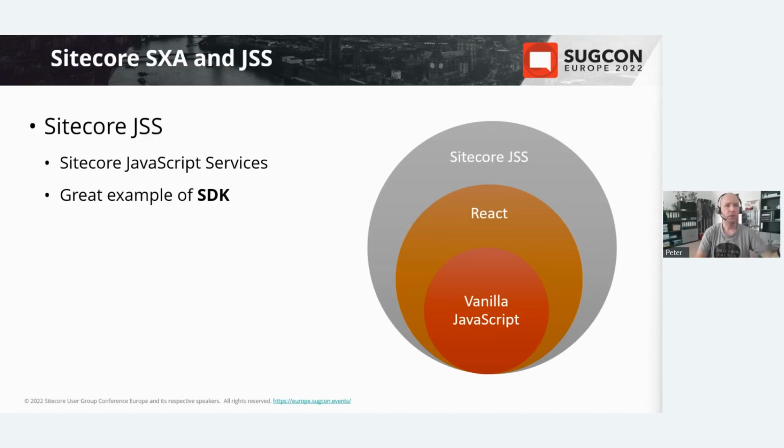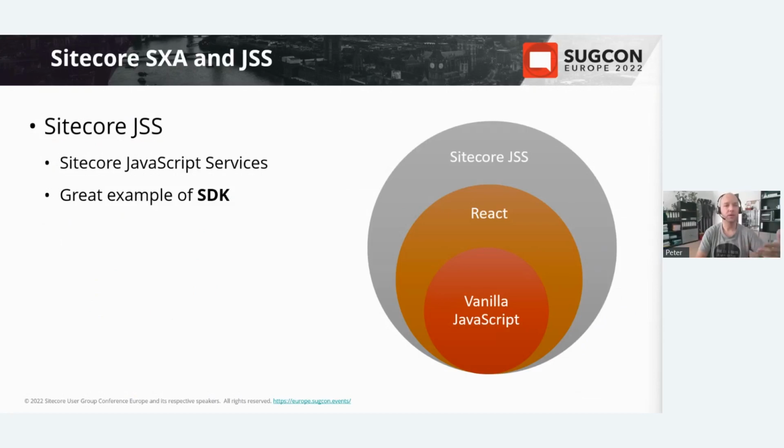So as you can see, we have the vanilla JavaScript, we have React, and on top we have Sitecore JSS. This is one of the examples. We could have Angular or Vue.js there. So on top of the library or framework of your choice, you will get another set of JavaScript packages that you need to use with JSS, and it will bring you lots of functionality.